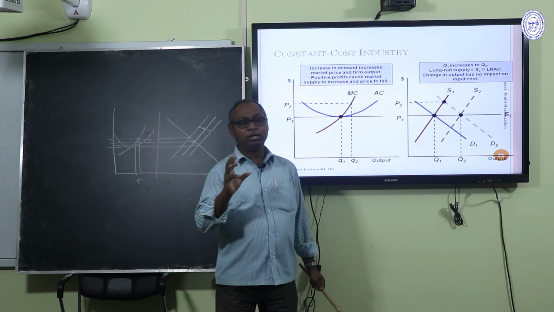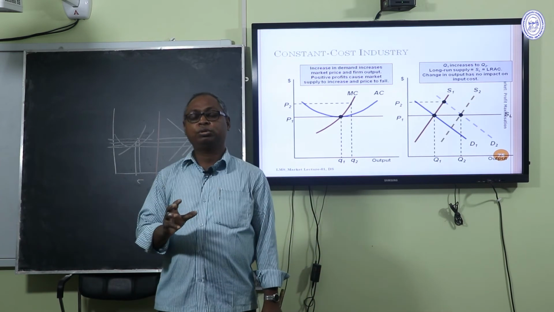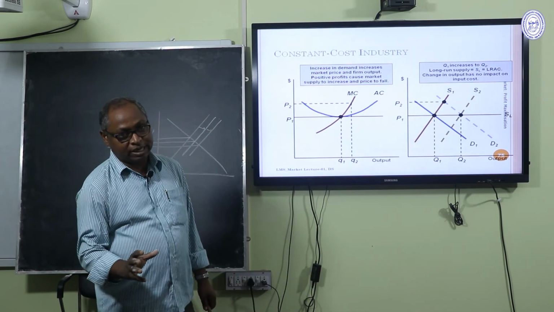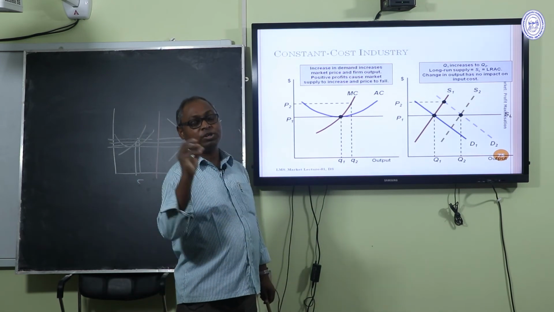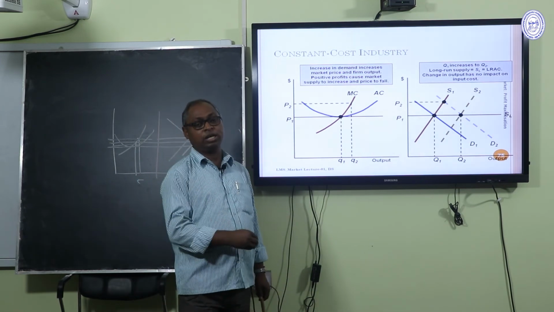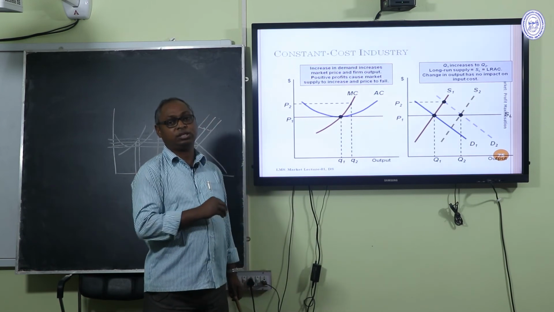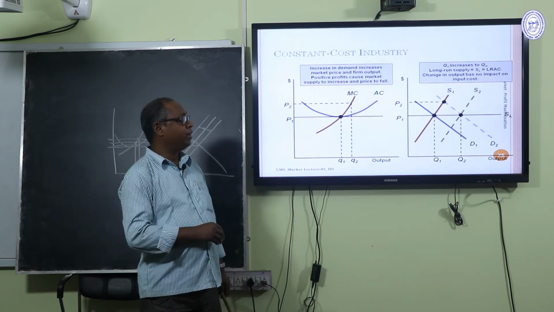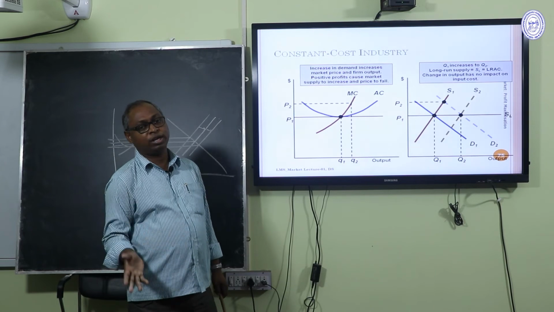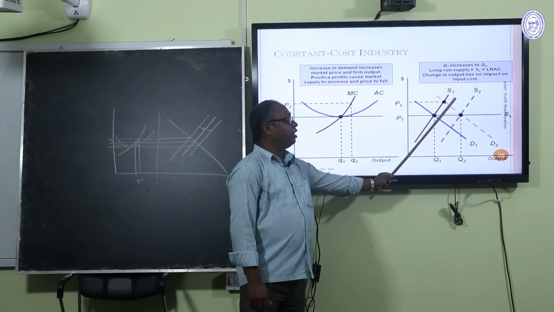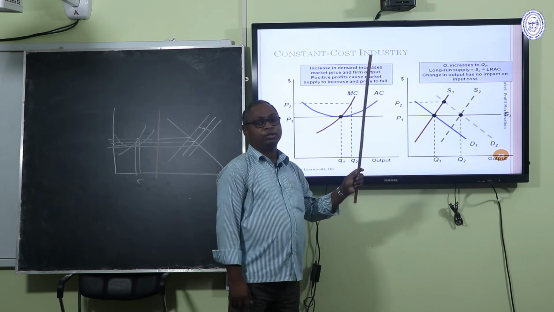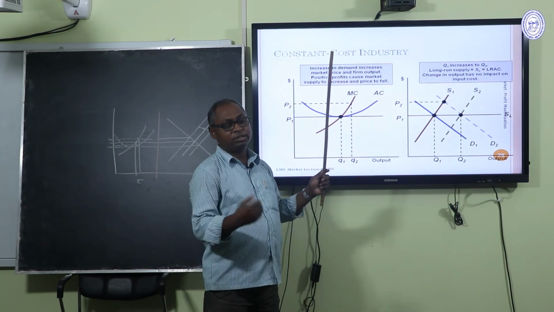So exactly the amount by which demand increases, supply will increase up to that. And for that, however many firms should enter into the industry, they will exist in the industry newly. But over that or below that, there is no possibility of a lower number of firms or higher number of firms existing in the industry.